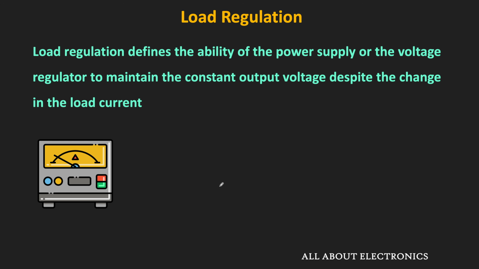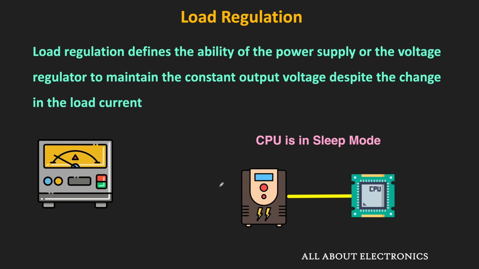For example, the power supply which is driving the CPU might be operating in the sleep mode at one time, but suddenly at another second it is operated at the full capacity. So during this abrupt change in the load, if there is a sudden drop in the voltage beyond a certain limit, then it is quite possible that the CPU may not operate properly.